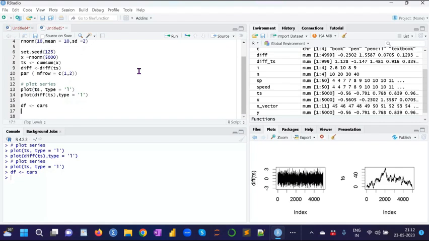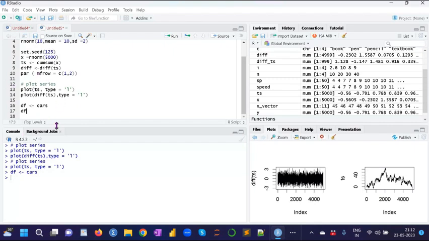Is it cars? Is it inbuilt data? Cars is the data set. R provides many inbuilt data sets. You can go to the help and it shows you how many data sets there are.